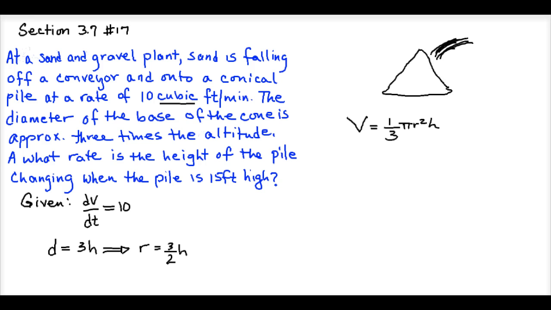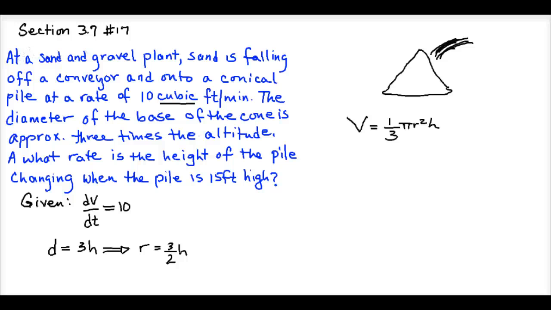Why is this helpful? Well, this allows me to substitute r into our formula, so that we have a function that only has h's in it, and not two variables, an r and an h. But before I do that, let me see what it is they want us to find.